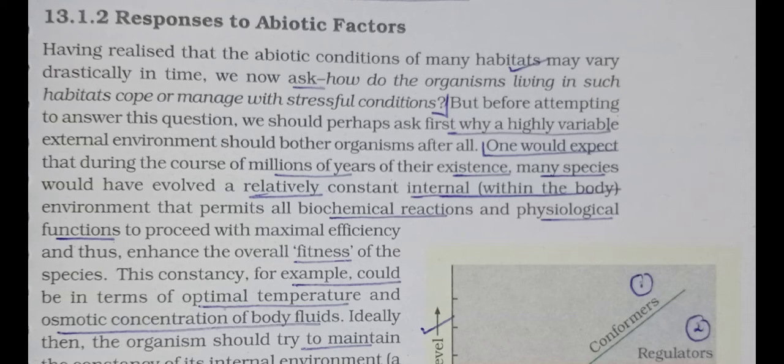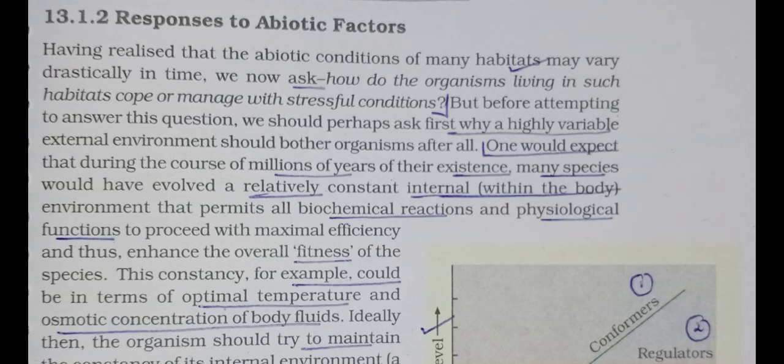So one would accept that, now see, the answer is there underlined: during the course of millions of years of their existence, many species would have evolved a relatively constant internal, means within body, environment, that permits all biochemical reactions and physiological functions to proceed with maximum efficiency, and because of this thus enhance the fitness of the species.